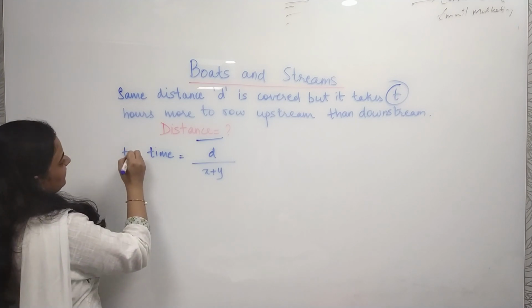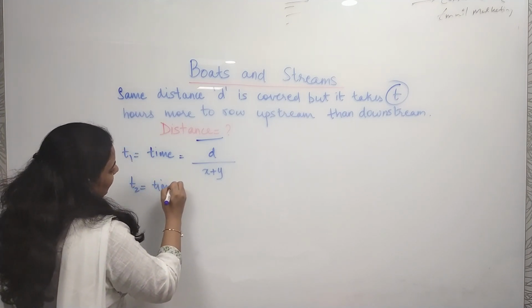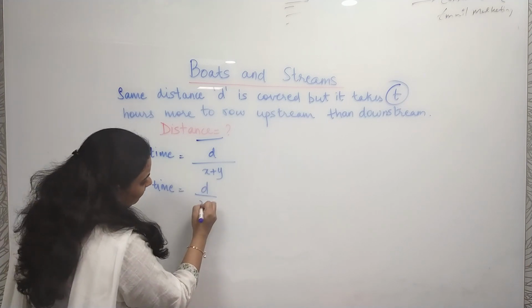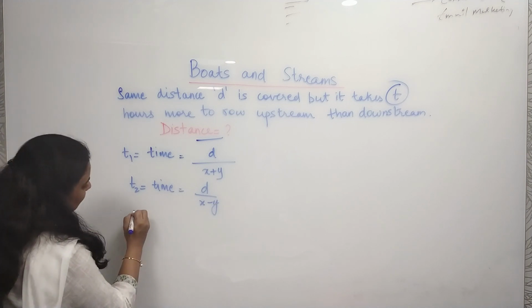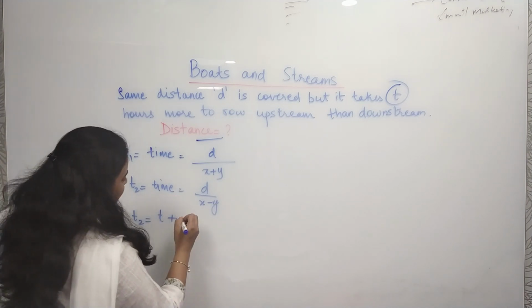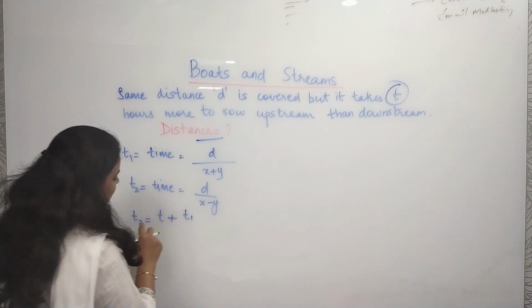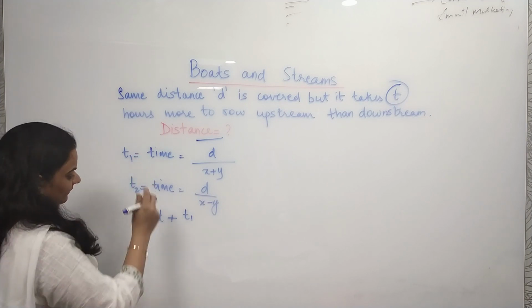Let us call this time as t1. Similarly, the t2 time will be the time taken to cover the upstream journey. It is given that the upstream journey takes t hours more than the downstream journey, that is t2 will be equal to t hours plus t1.